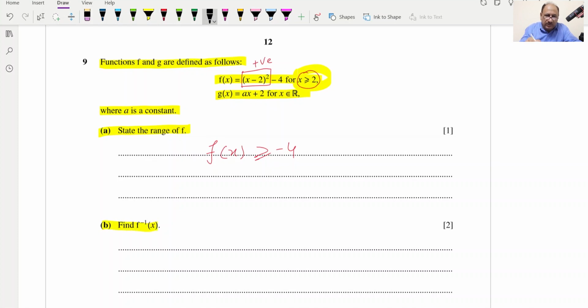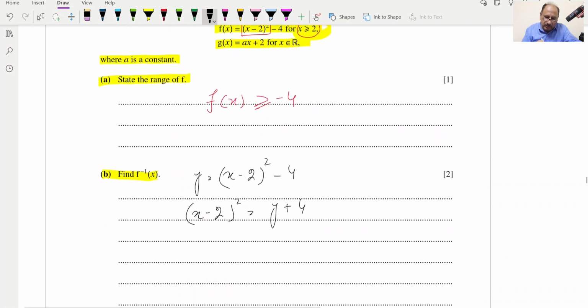So f of x is given, which is y. We can write y is equal to x minus 2 squared minus 4. So minus 4 we can shift to the other side. So x minus 2 squared is equal to y plus 4, and we can get rid of the square. So x minus 2 will be equal to plus minus root of y plus 4.